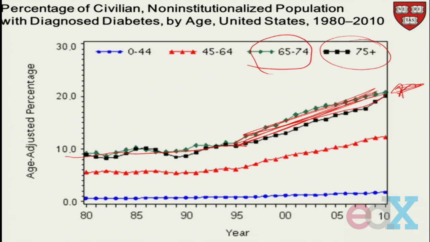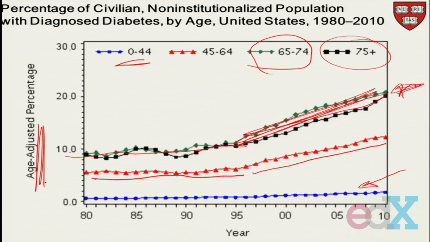And the same is true for the middle age group, the 45 to 64 age group, a gentle increase until about 95, and then a faster pace of increase. And the young group, the 0 to 44, have a much more gentle, almost flat increase, but there's a little bit of an increase there nonetheless.